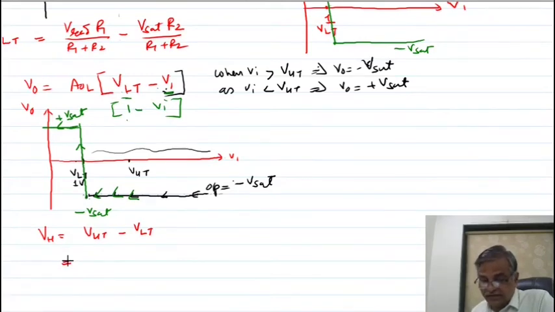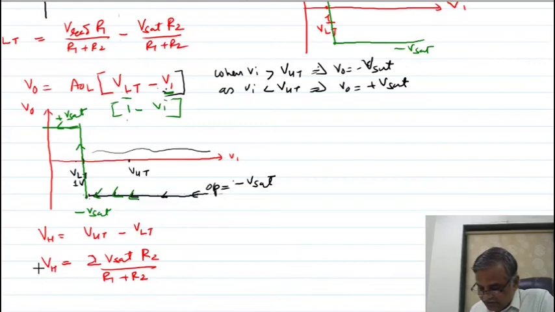If you subtract the lower threshold voltage from the upper threshold voltage, you will get 2 times V sat times R2 upon R1 plus R2. See here, the hysteresis voltage does not depend upon the reference voltage.